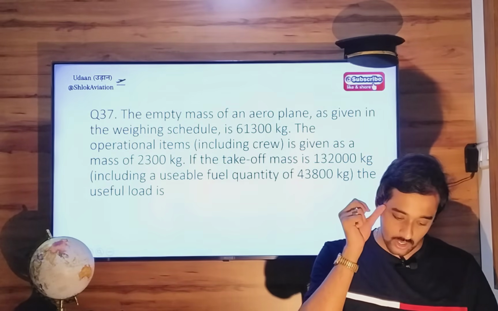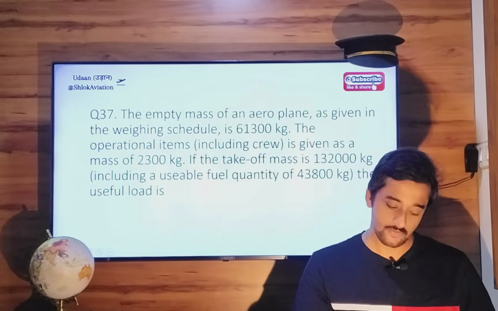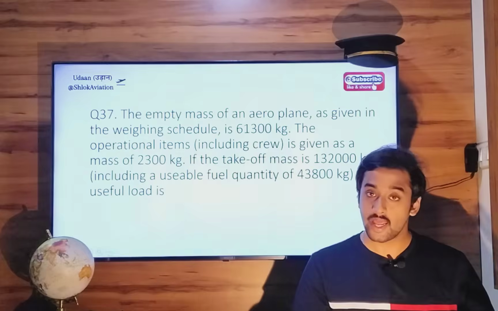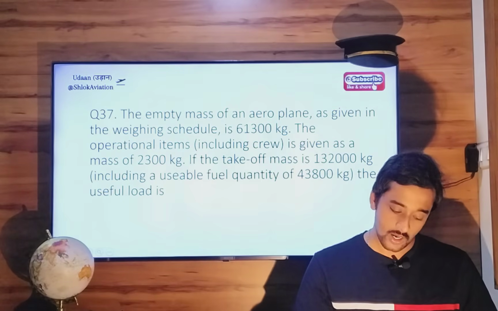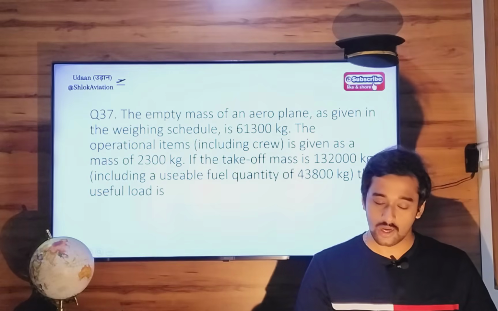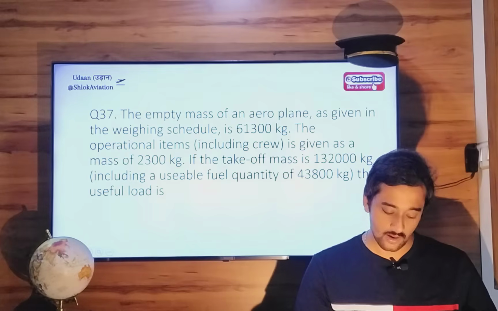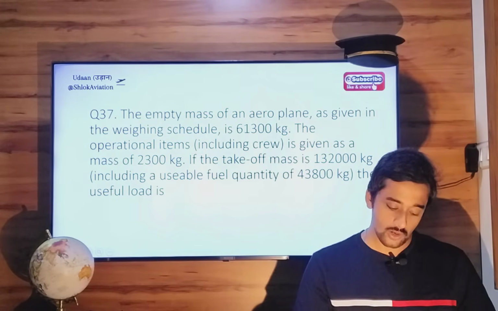The empty mass of an aeroplane as given in the schedule is 61,300 kg. The operational items like variable loads is equal to 2,300 kg. If the takeoff mass is 132,000 kg, including a usable fuel quantity of 43,800, the useful load is what?